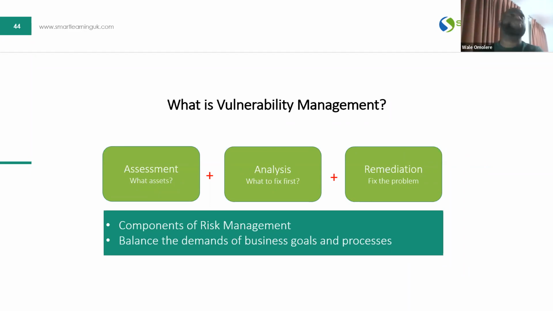Then remediation is what makes vulnerability management. Before you can scan an asset, you must first identify the asset. When you carry out an assessment of an asset, you're actually analyzing the report. But in management, you're deciding what to do to fix the problem, and that is where the remedial work comes in. I hope that makes sense.